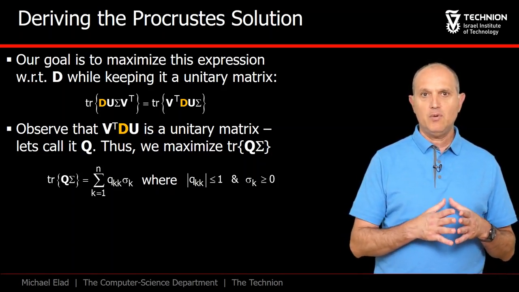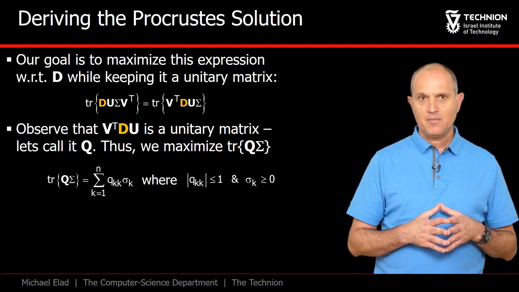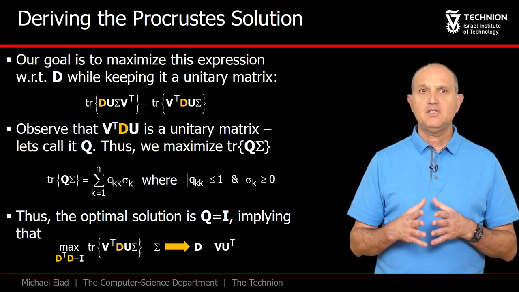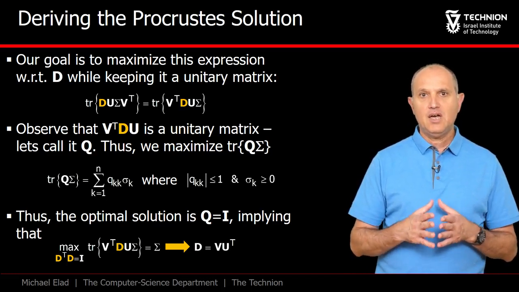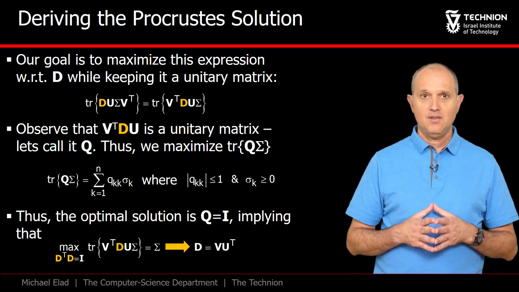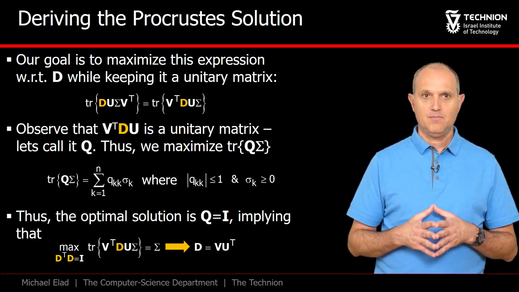Observe that here we exploited our knowledge that the singular values are never negative. Thus, the optimal Q is the identity matrix, and this implies that the optimal D is V times U transposed. That's it. This is the closed-form solution to our Procrustes analysis.